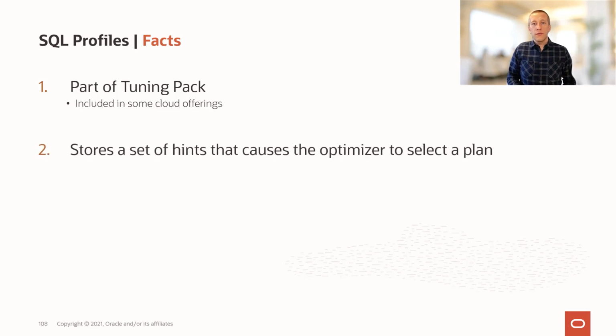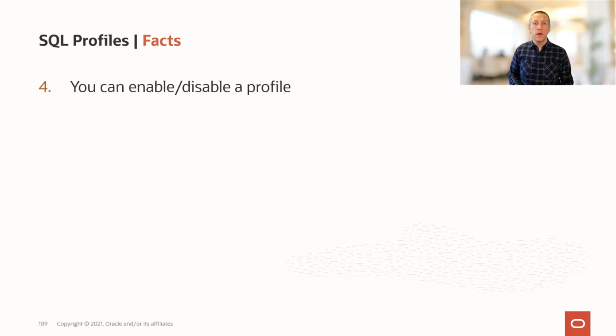The profile itself is stored in an internal format in the data dictionary. It's kind of a black box, so you can't really see how it's implemented. You just need to know that it works. One of the good things about SQL profiles is that it affects one statement only. Only your specific SQL will be affected by the profile. You can enable or disable a profile at will, so it's very useful for testing.